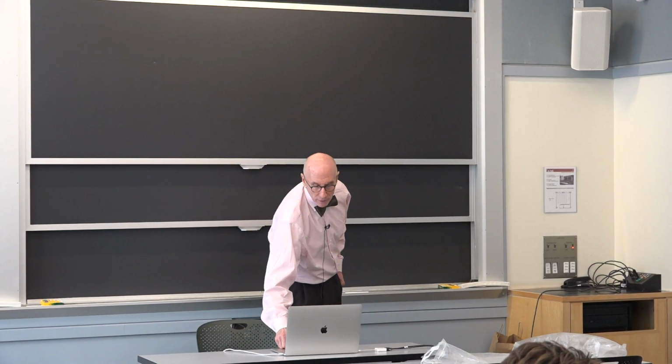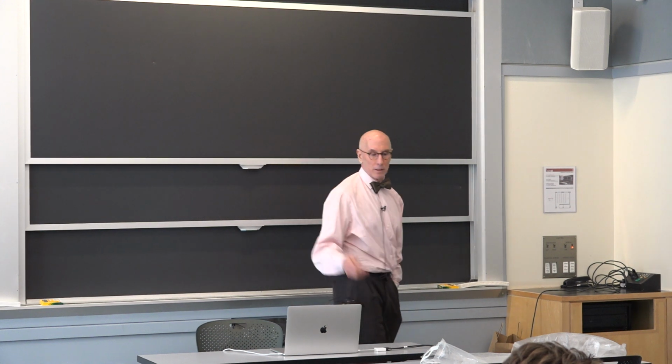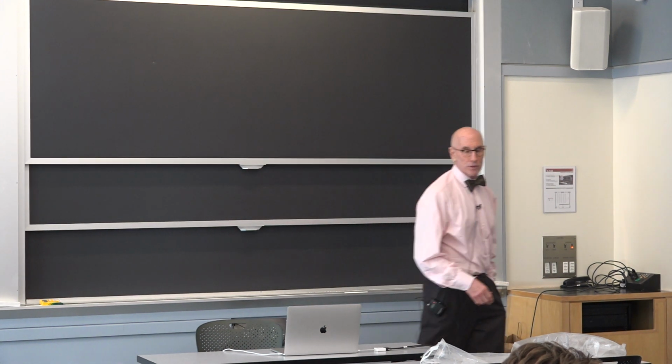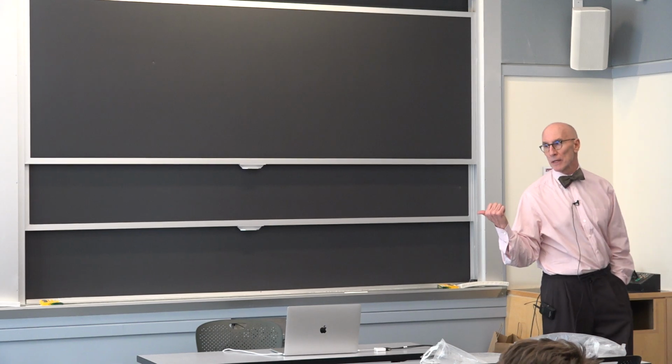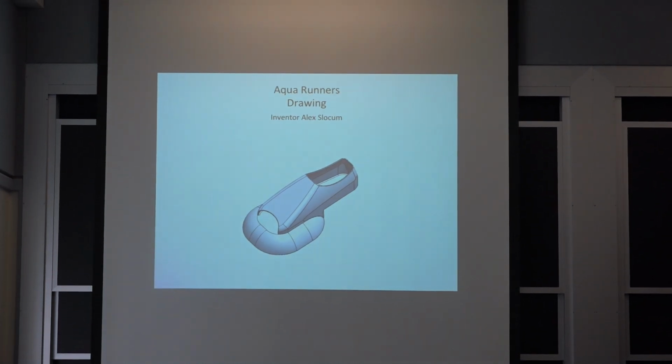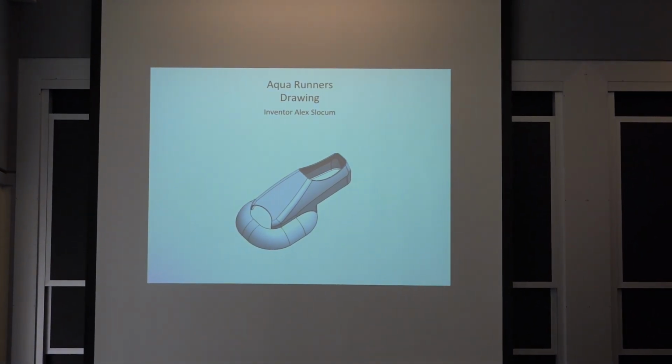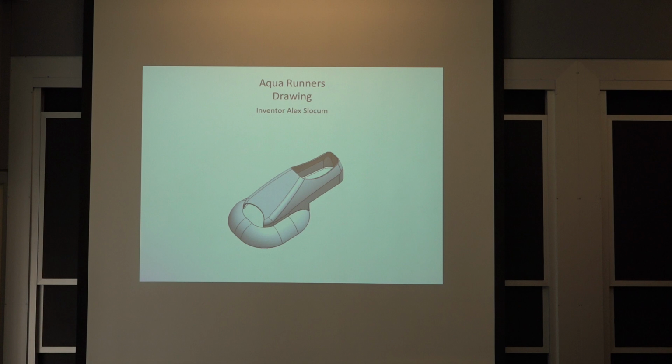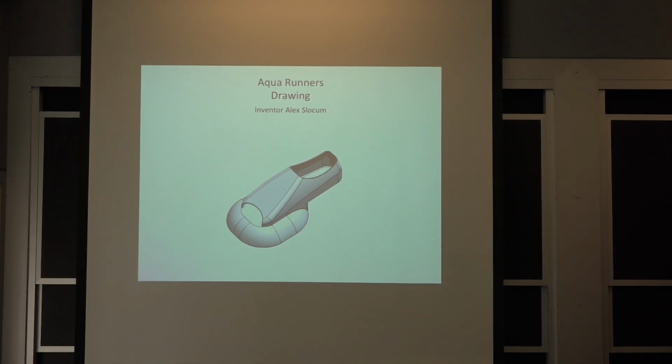I'll show you the Aqua Runner's drawing that actually was submitted with the application. But this was the first start. Alex was trying to come up with an idea for rehabilitation of people with running injuries. So you put these on and then you go run in the pool with them. The idea was to create resistance. And I'm sure at this point in the class, everybody could write an abstract for those right now.